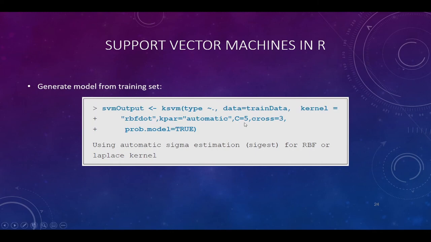A large C value can result in more accuracy, but a smaller margin of separation, meaning the model is going to be less generalizable because it's trying to be incredibly precise. So you need to decide what is your trade-off, right? You can have a large margin of separation or accuracy.